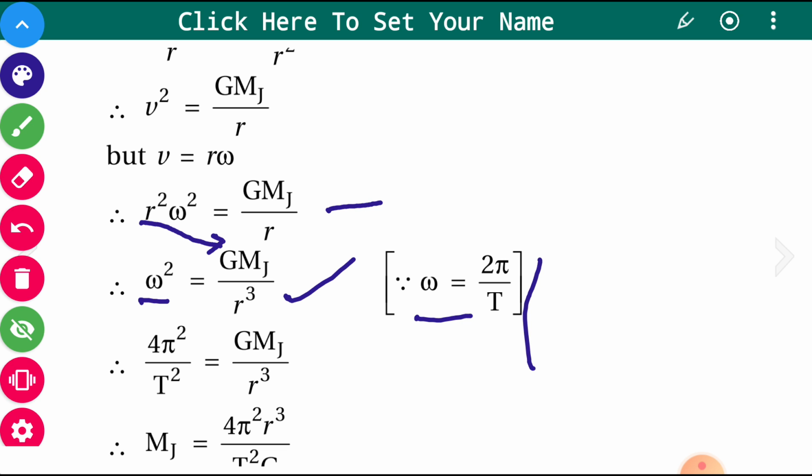As you know, omega is equal to 2 pi upon T. So instead of omega, we write 2 pi upon T, and the square of it will give you 4 pi square upon T square.